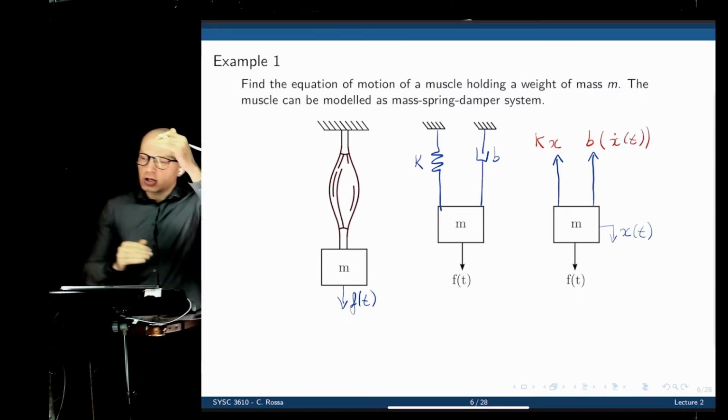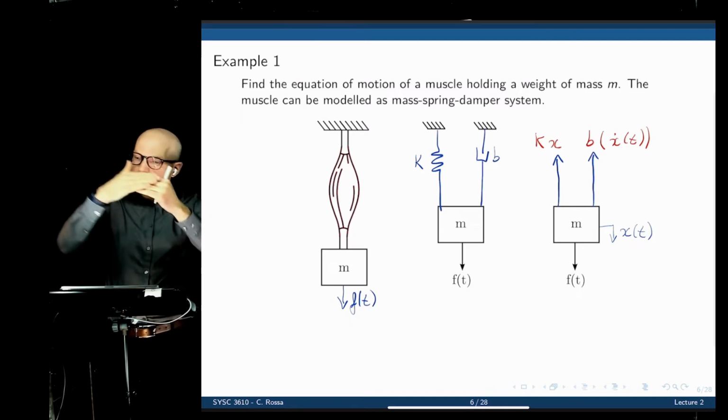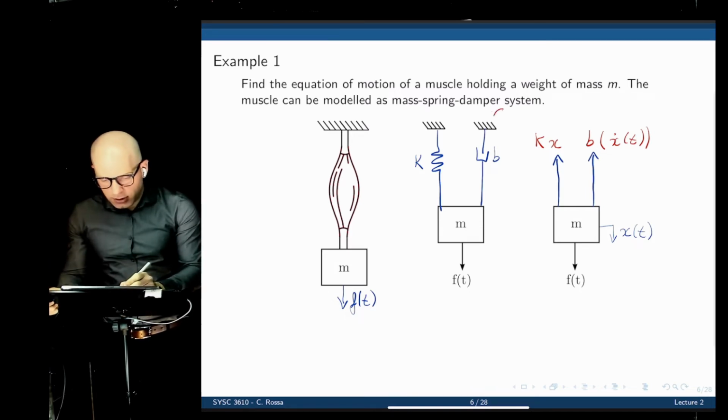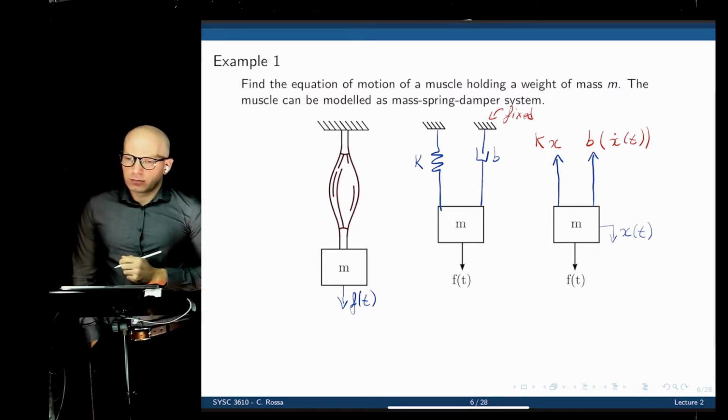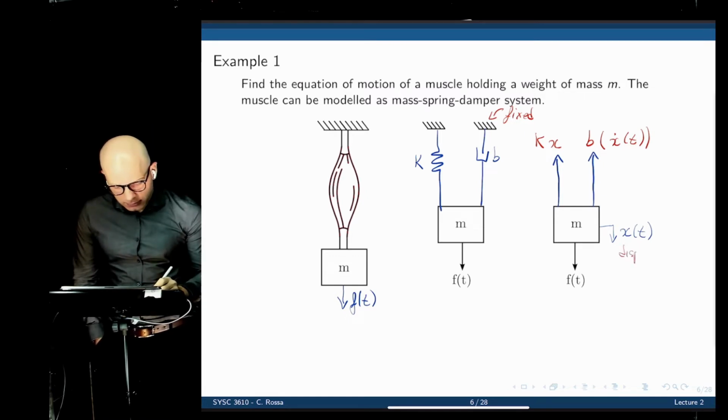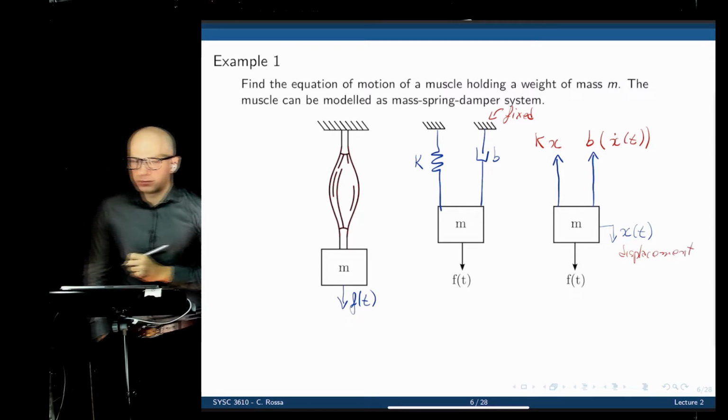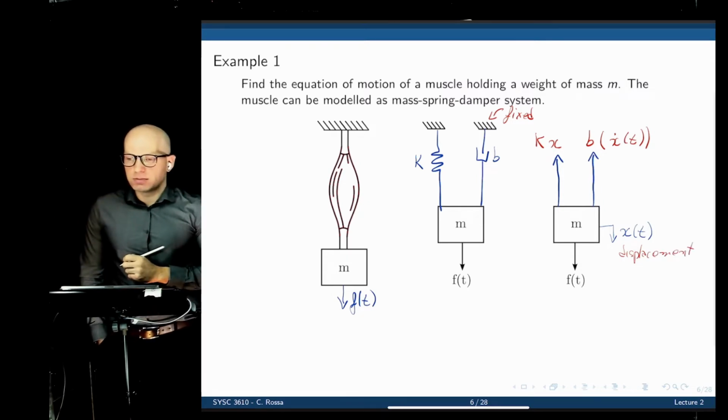And the speed at the top of the damper is 0 because it is fixed. Sorry, what exactly is x? x is the displacement of the mass. x dot is the speed of the mass.